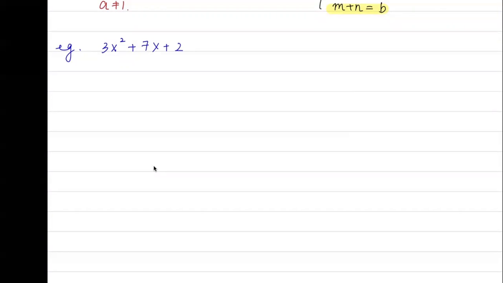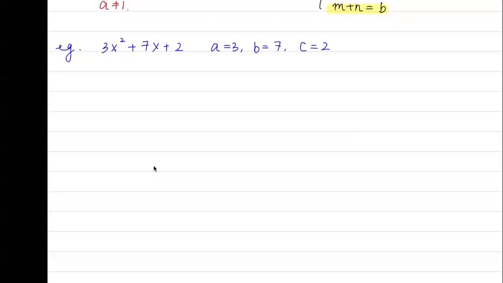I just made this up. Okay? So let's see how we can factor this trinomial. Here, pay attention, please. Here, a is equal to 3, b is equal to 7, c is equal to 2.